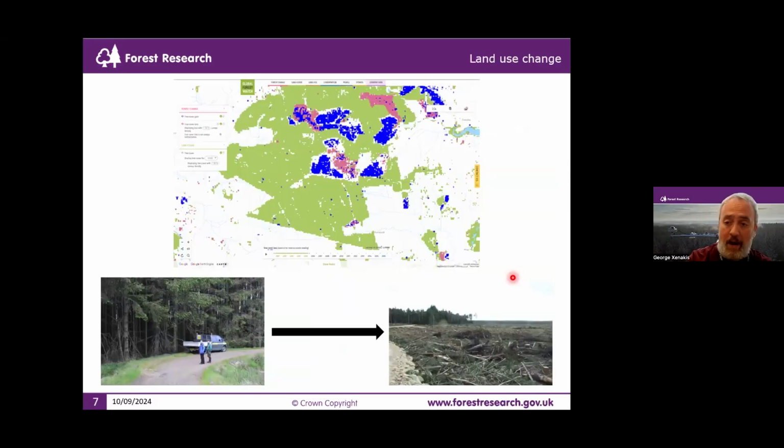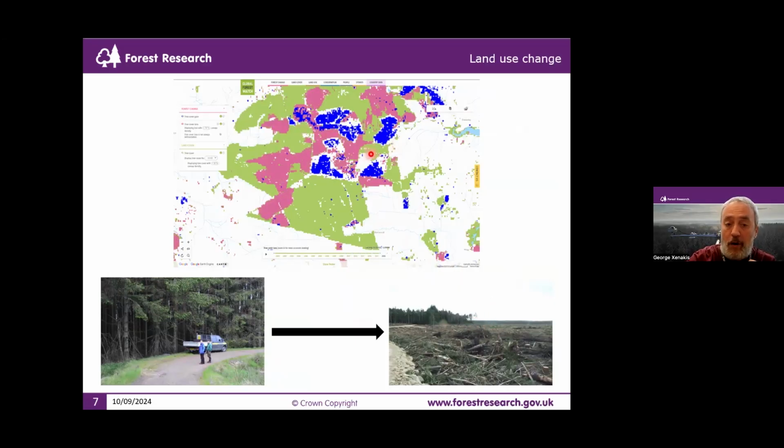The other impact we have as human beings on forest ecosystems is land use change. In particular in the UK, in Great Britain, we have what we call clear felling as a method of managing our forest. So we have a very mature forest which we clear fell, and we're changing how the landscape looks.